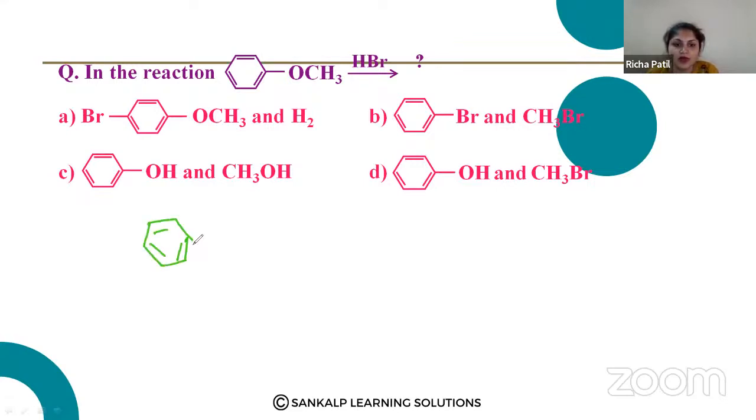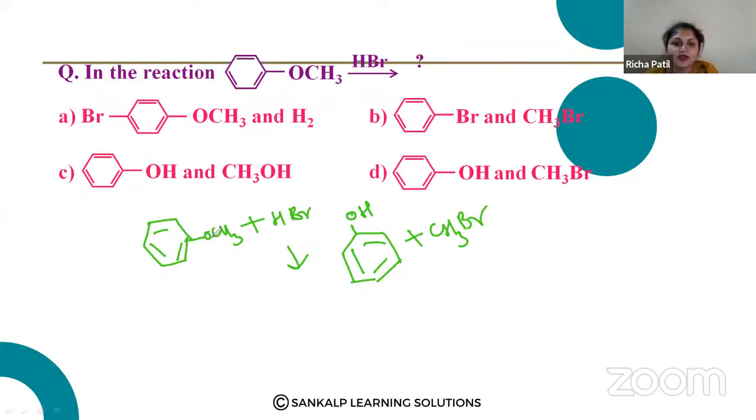The products will be phenol, OH, plus CH3Br.